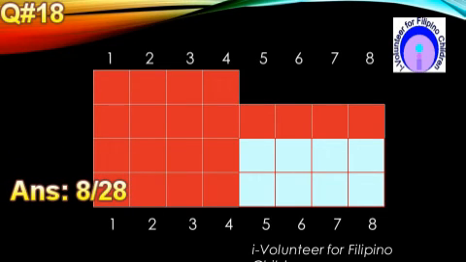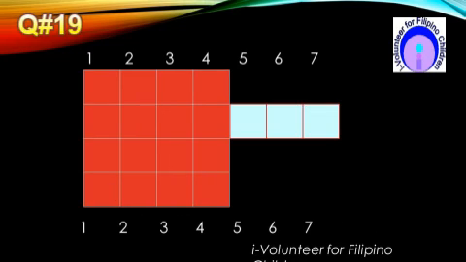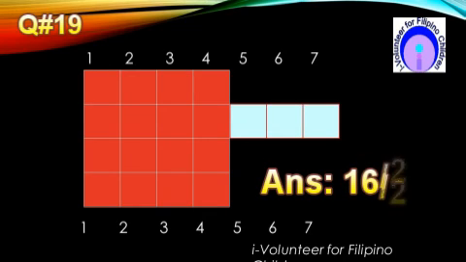Number 19. What fraction names the red squares? The answer is 16/20.